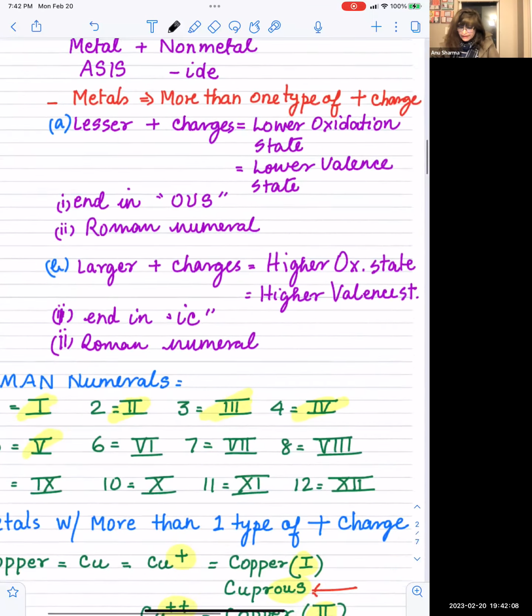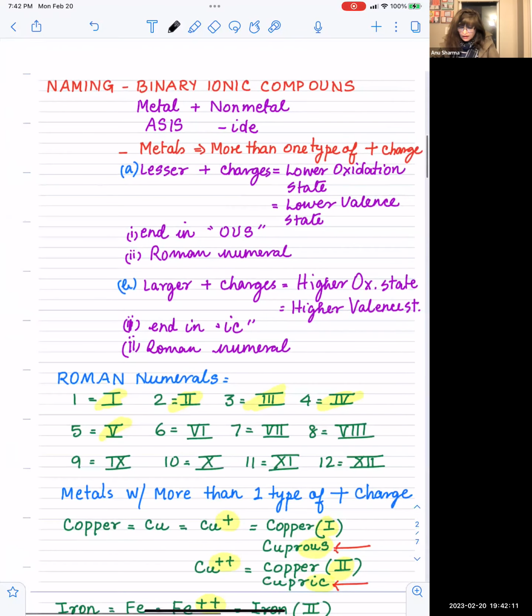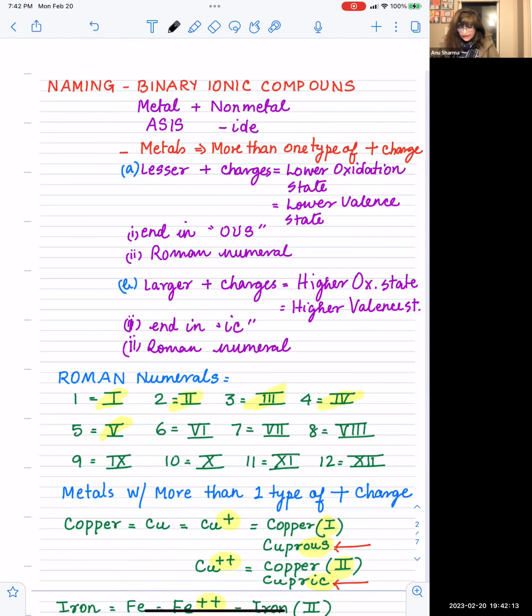So metals by default, group 1A and 2A and like aluminum, their names don't change. Their names remain the same. So metal is named as is, but the non-metals, their name ends in "ide." Okay, now those metals that form more than one type of positive charge, the ones that have a lower number of charges, these are also called a lower oxidation state or a lower valence state.